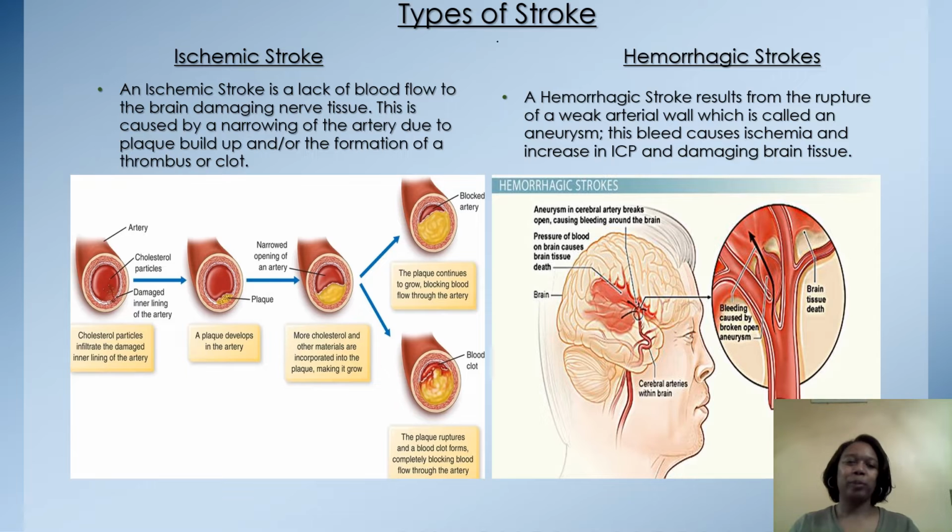Types of strokes. So let's just review side by side ischemic as well as hemorrhagic strokes. An ischemic stroke occurs when a clot or a mass clogs the blood vessel, cutting off the blood flow to the brain cells. In this diagram, you can see that the artery wall is damaged, then plaque starts to accumulate, then we have an increased amount of plaque accumulating, and then the artery begins to narrow.